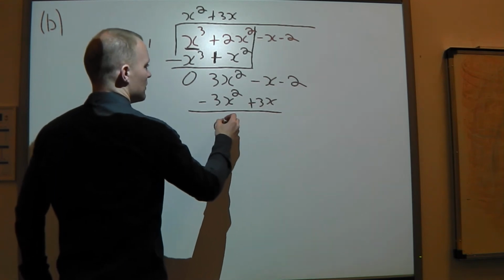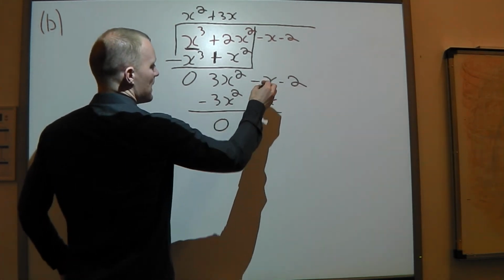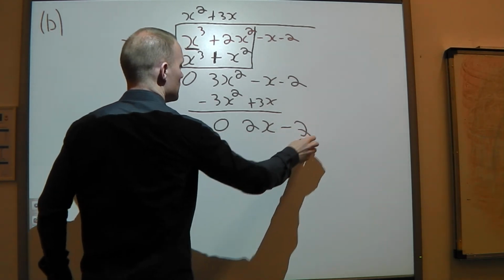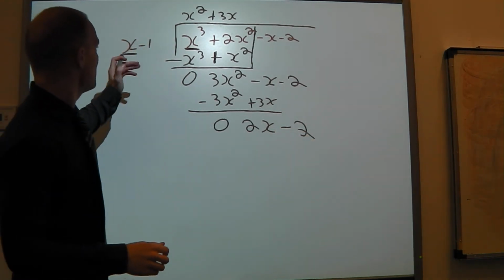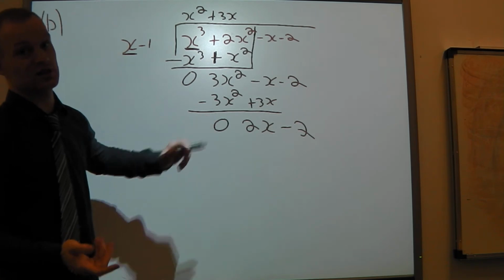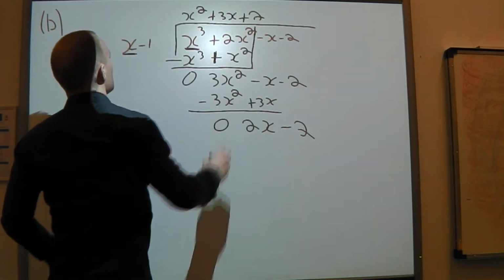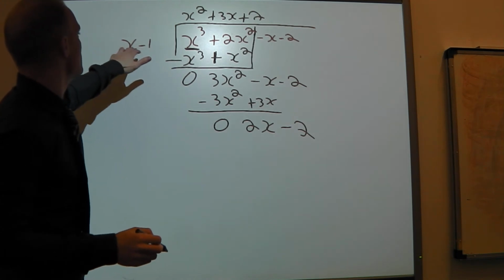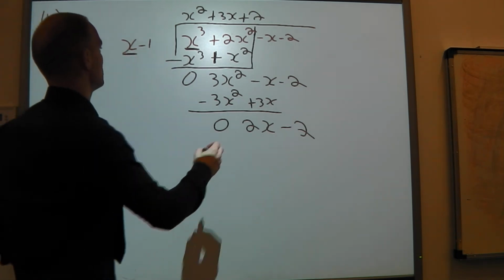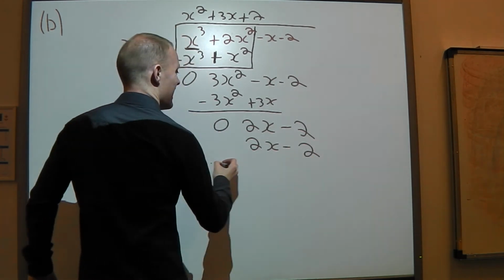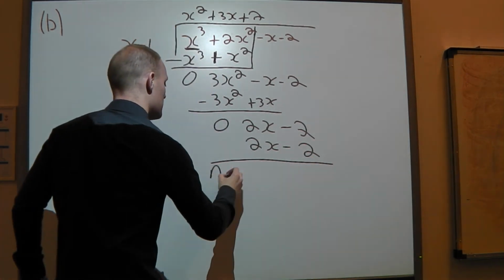So that equals 0 there, and 3x minus x equals 2x. Then you bring down 2, which is negative 2. Now, how many times does x go into 2x? That's just 2. So you multiply every term here by 2, so x minus 1 times 2 is 2x minus 2. And you subtract them, you have no remainder.